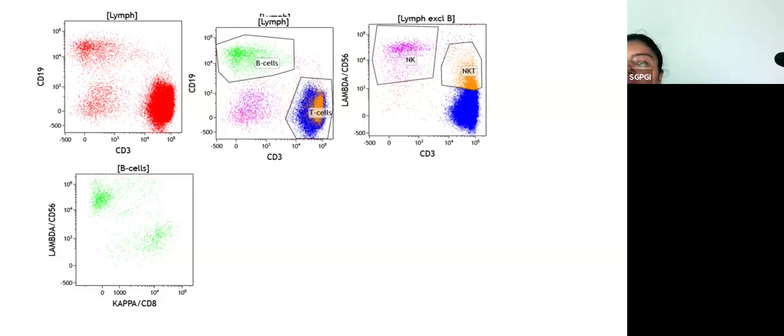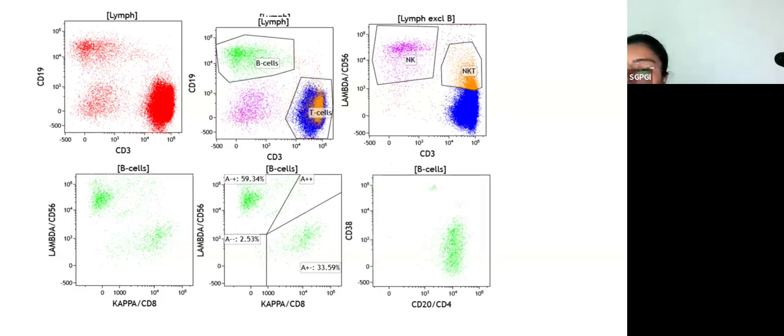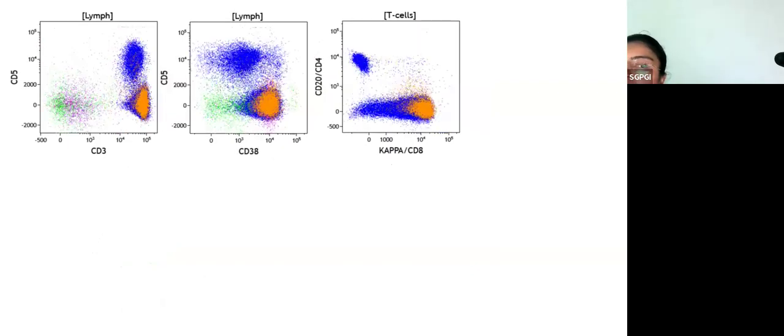So if we are to color all our cells, we realize that the B cells here are nicely splitting into the polyclonal pattern for kappa and lambda. For the T cells, the only marker that we have assessed till now is CD56. It is present on a subset. These could be normal NK T cells as well. So kappa and lambda quantified again. This is okay. For 20 and 4, B cell markers are all okay.